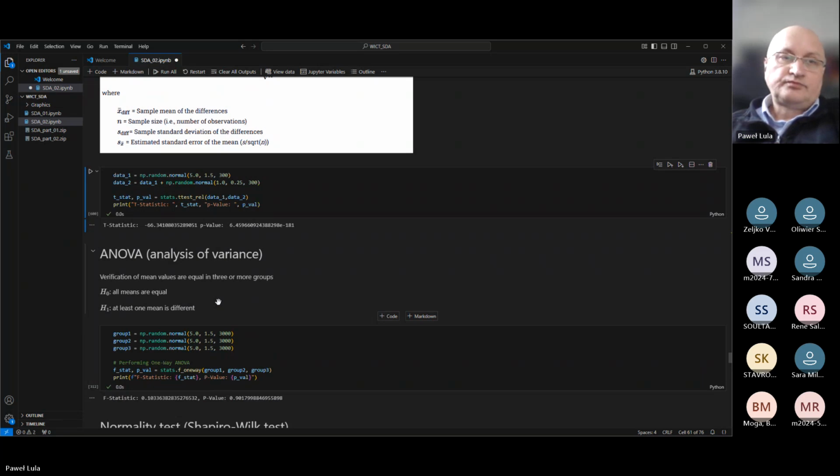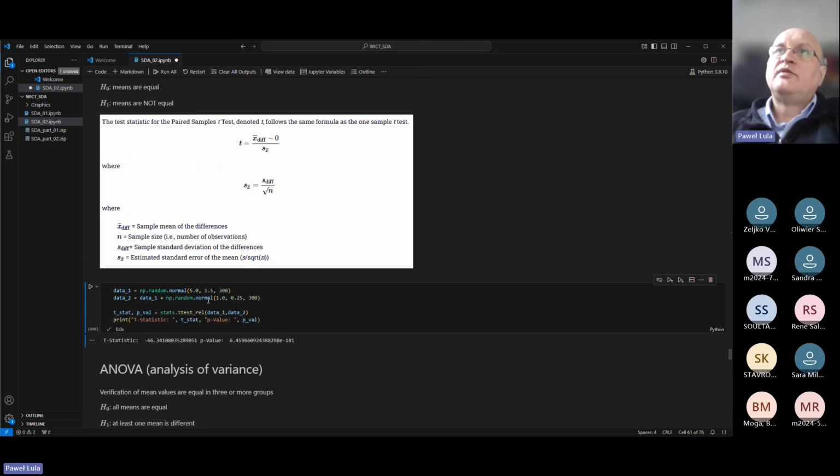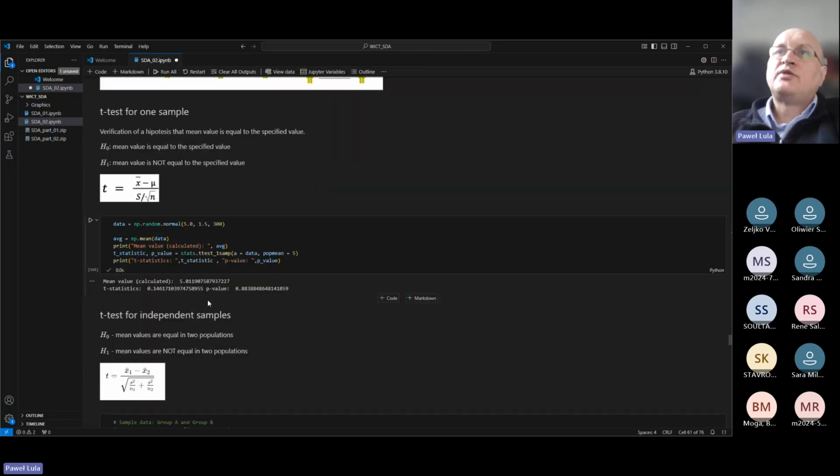And what to do when we have not two groups? Maybe we should go back to this situation, the t-test for independent samples.